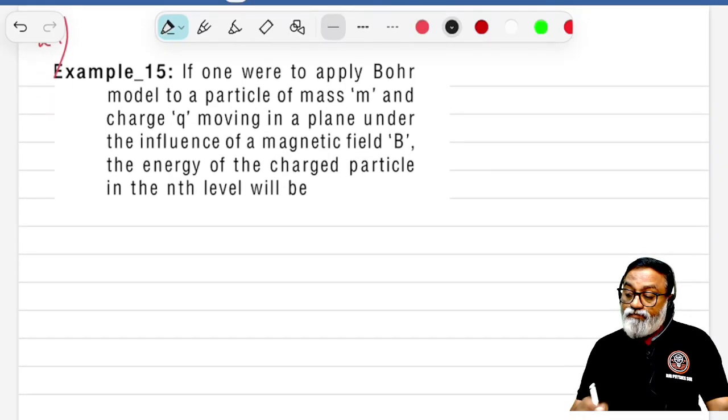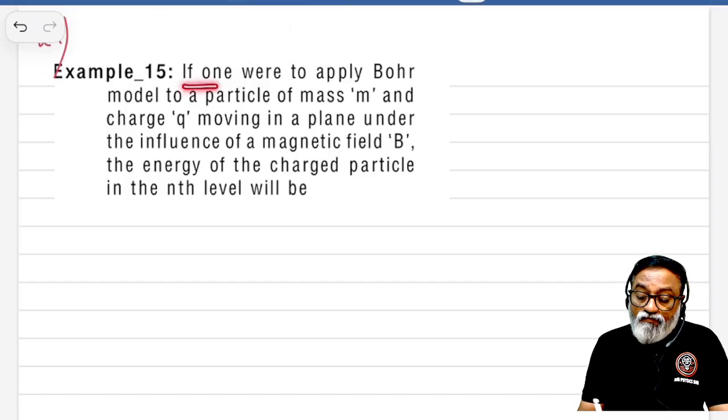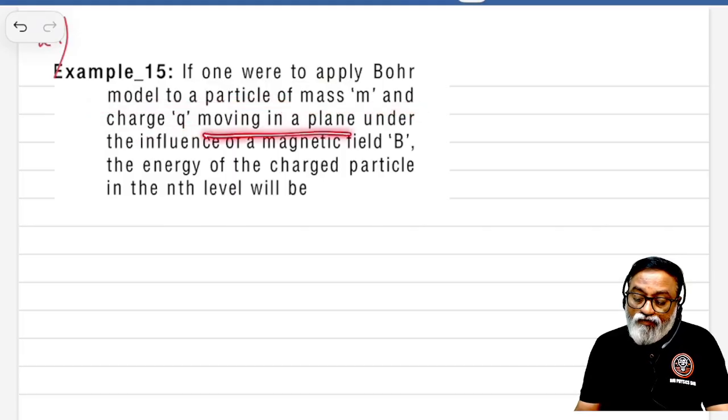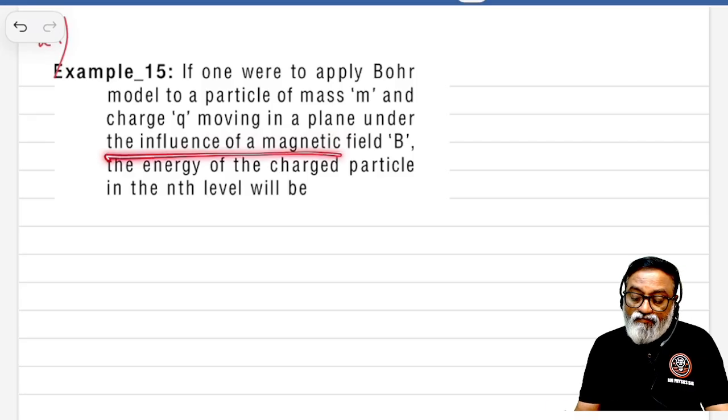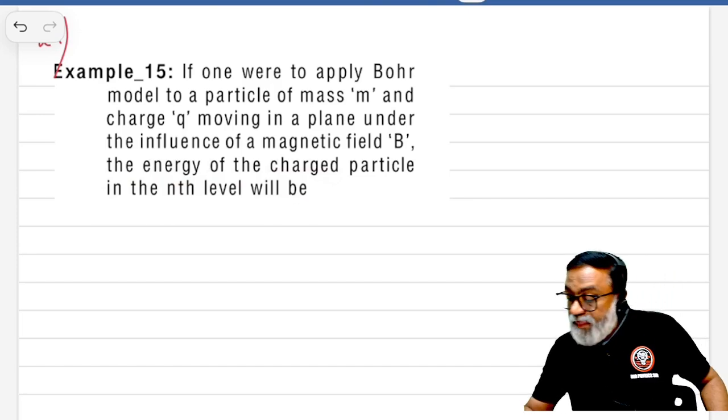Next one. See here, this is also a very important one. If one were to apply Bohr's model to a particle of mass m and a charge q moving in a plane under the influence of magnetic field B, find the energy of the charged particle in nth level.